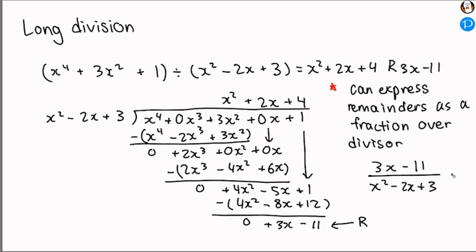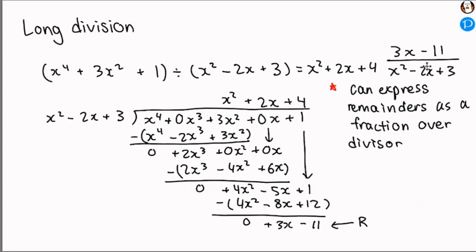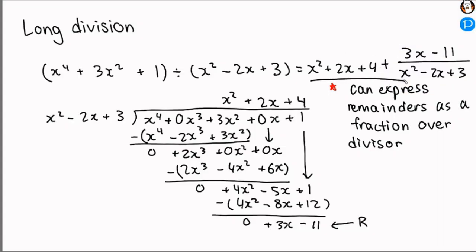This will give us an exact value of the whole answer. So instead of a remainder of 3x minus 11, we can simply add this to the end of the equation. So this is going to be an exact value, depending on if your teacher wants you to express it as a remainder or not.